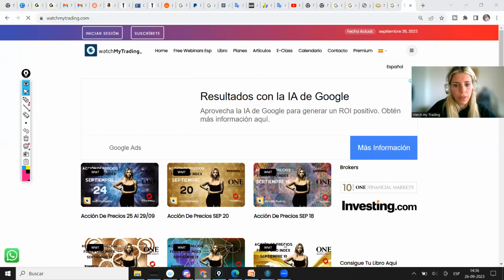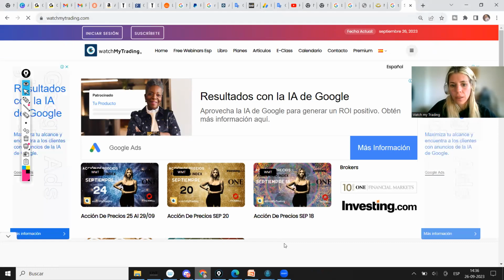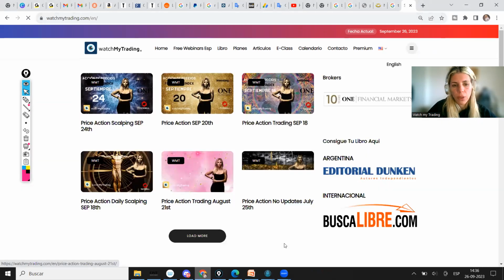But if you see the market really moving one day from another, you go to watch mytrade.com, and on the English version, you're going to see the analysis like this. Okay, make sure it's the last one. Of course, I do a scalping, so I'll give you some of the levels that I'm considering to scalp.